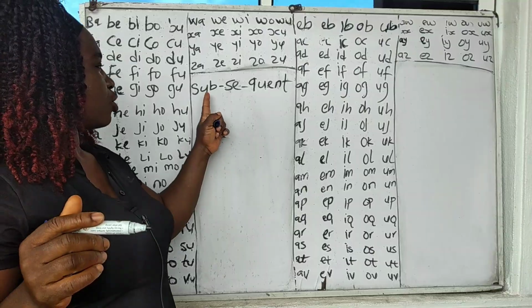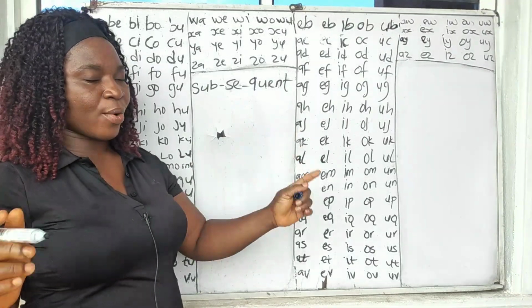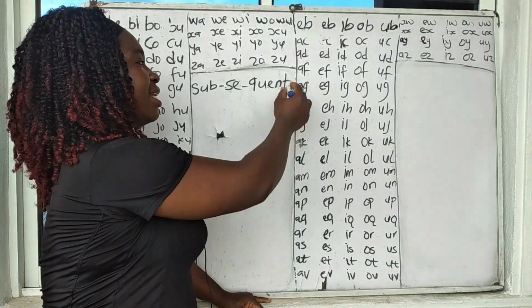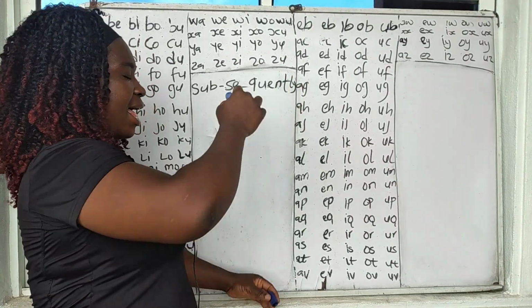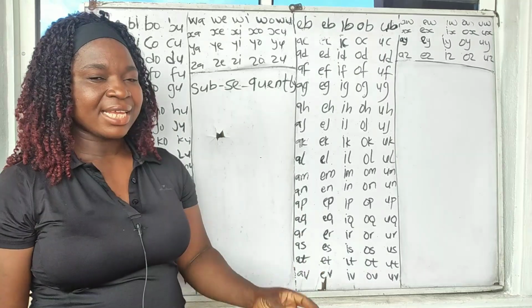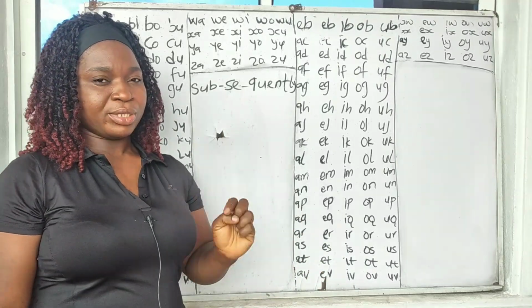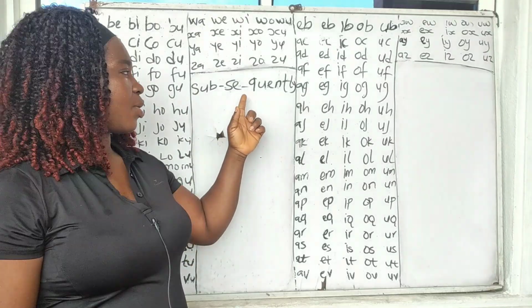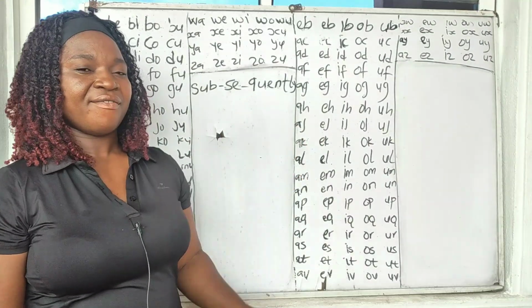So we have subsequent, but I want it to be subsequently, so I add the li. This is L-Y, li. We have virtually, especially, beautifully, the L-Y. So we have subsequently. This is our first word.